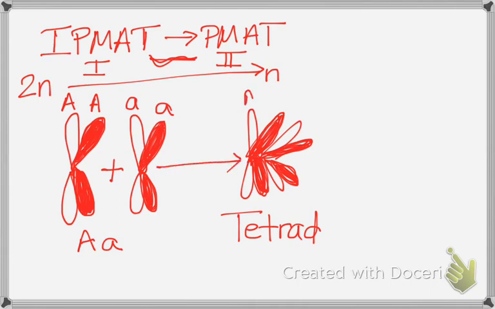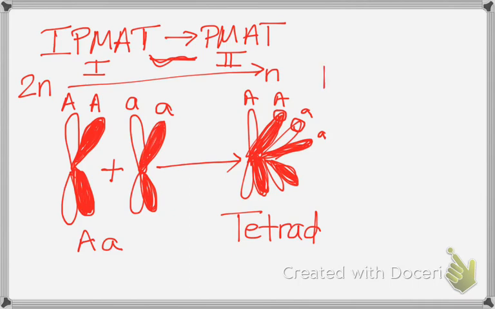But remember, these 2 were carrying the dominant and these 2 were carrying the recessive. So since now they're all tangled up, when they go to separate out again from each other, sometimes bits swap over. They cross over.